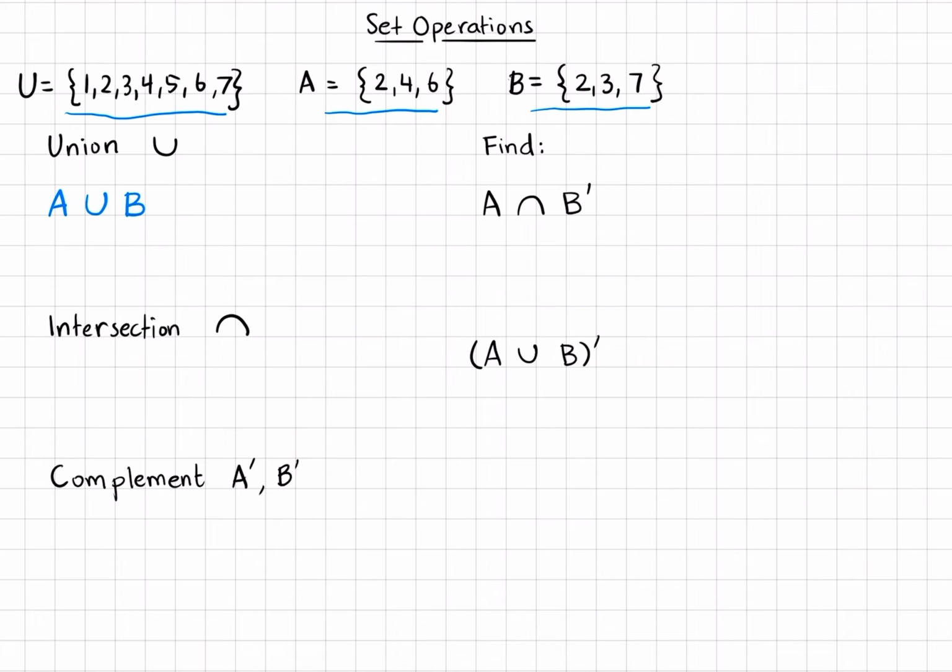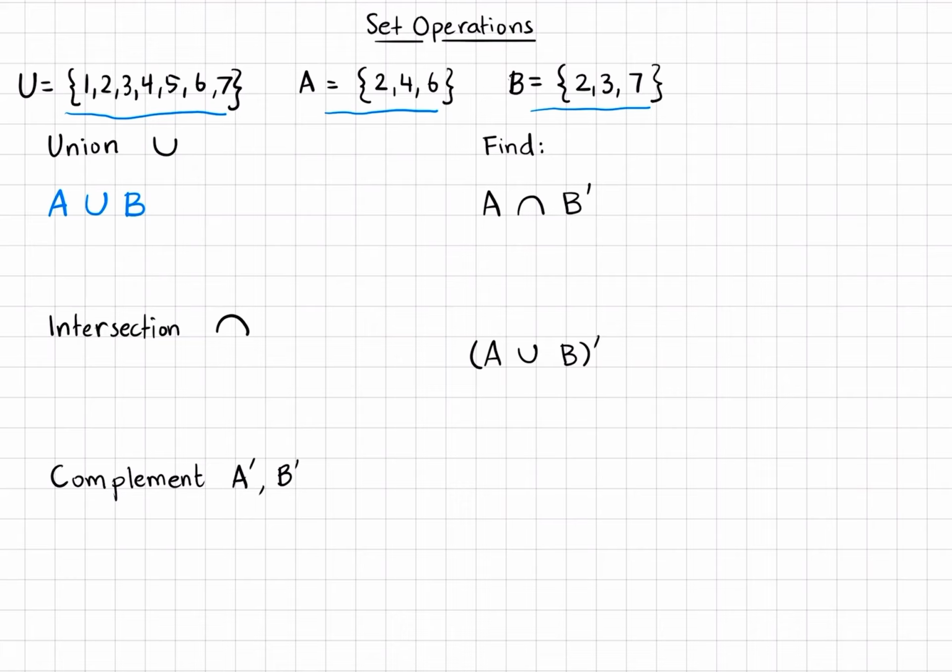What we mean by that is, what are the elements that are total between sets A and B? So if we combine sets A and B, what elements are there in that bigger set? So A union B can be a set of its own.